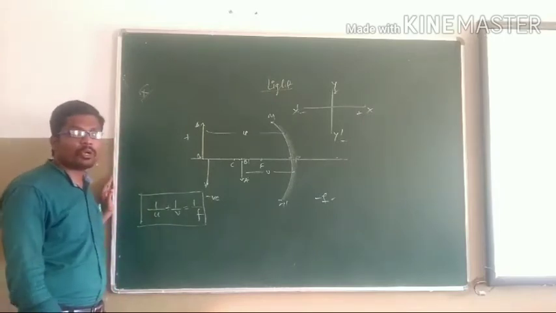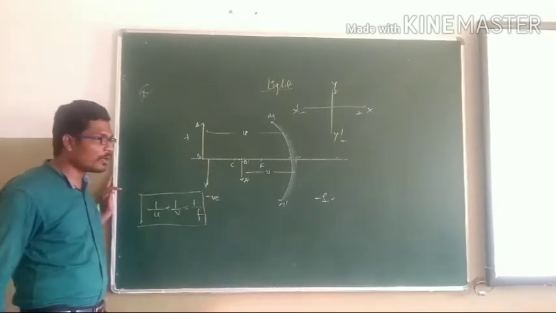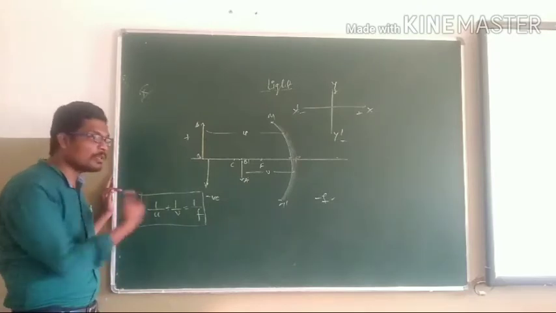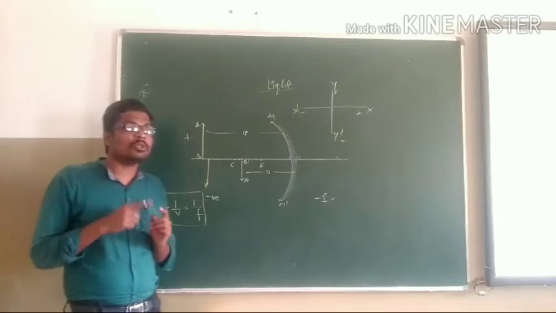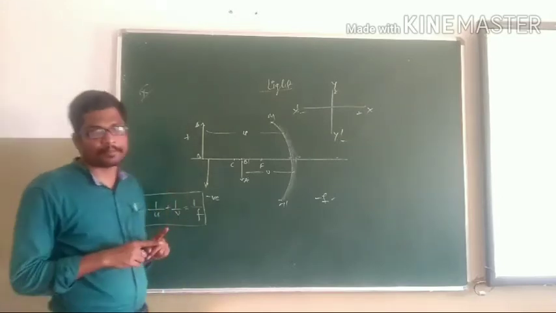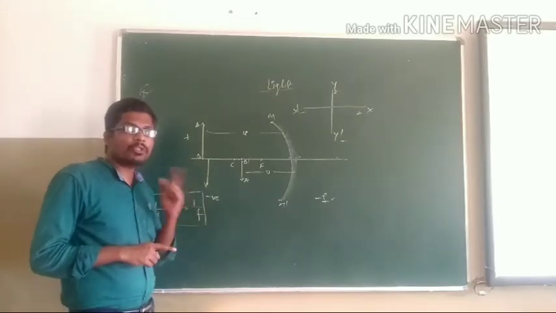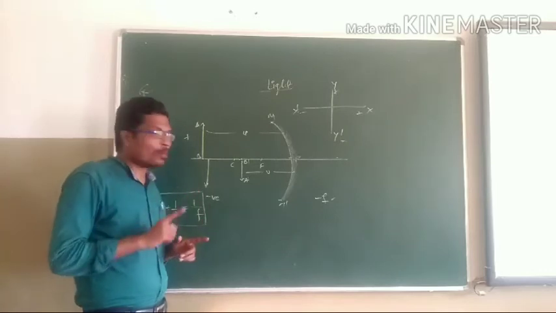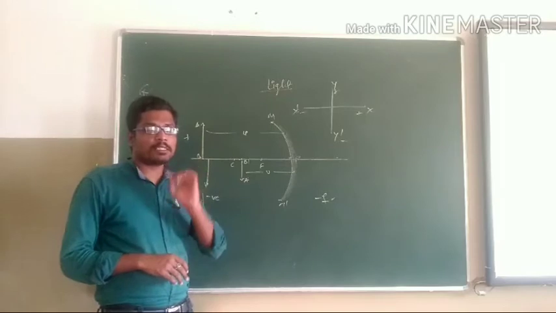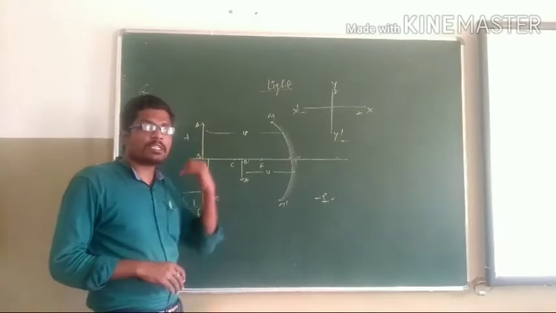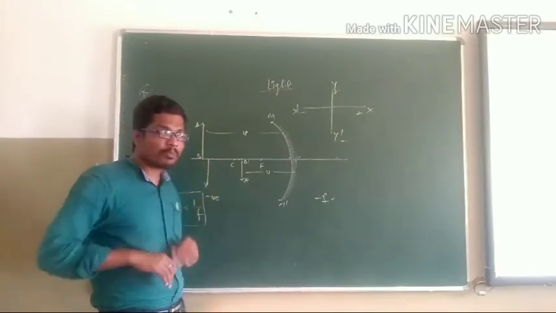Here we have to note down another thing. We should keep in our mind whenever we use this formula in numericals, that we have to use the sign conventions properly. Suppose the center of curvature is given as minus 10 or minus 5. What do we mean by this negative sign?